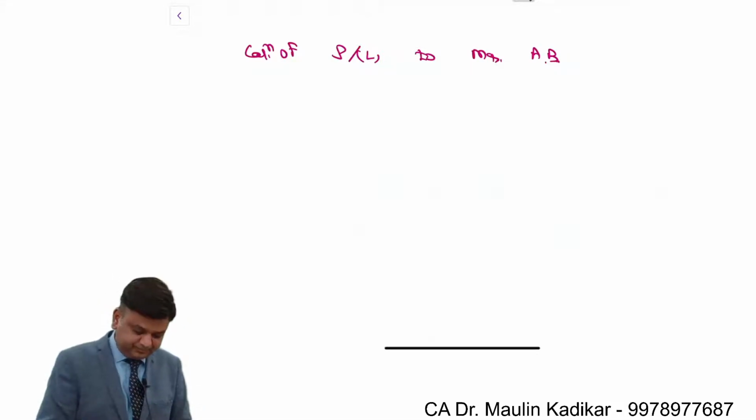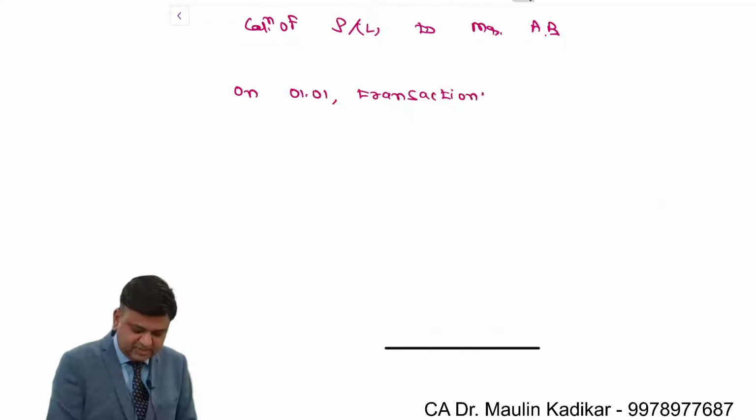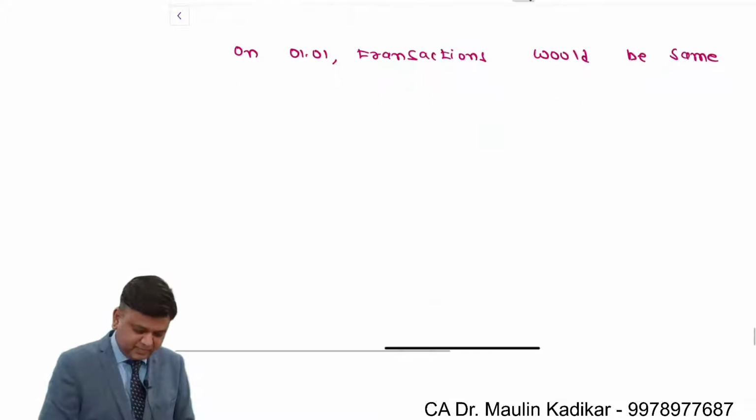In the breakdown, on 1st of January, transactions would be same as previous question.